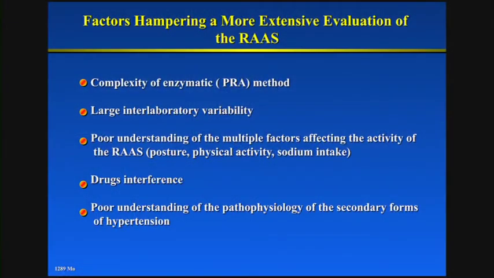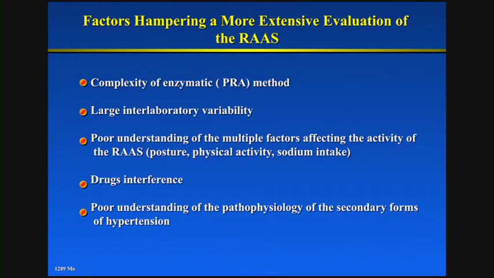However, this is a very complex method, and because of that, it has a large interlaboratory variability, which to some extent prevented a more extensive evaluation of the activity of the system.